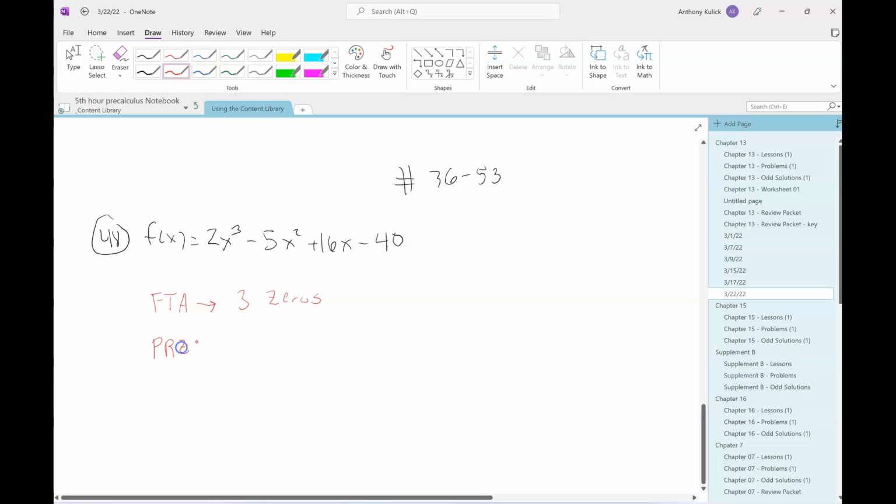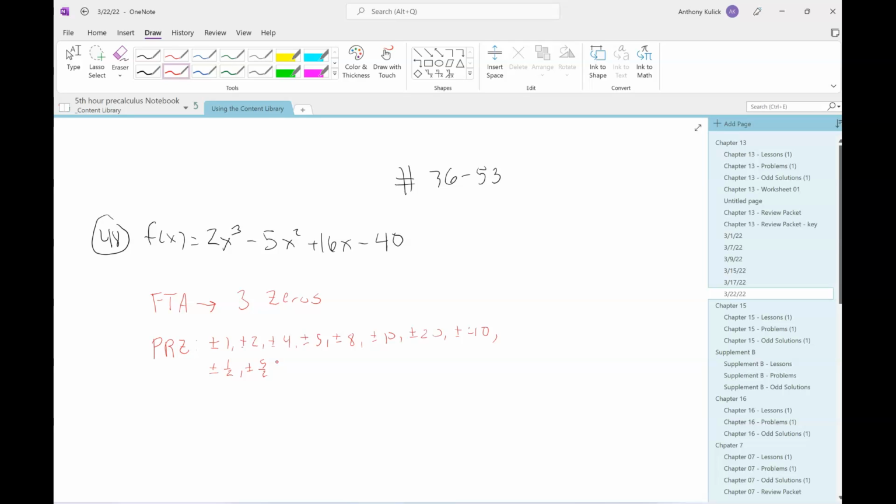My possible rational zeros are going to be the factors of 40, and then the factors of 40 divided by 2, but I only have to worry about the odd ones, because if I do 2 divided by 2, that's just 1, already on the list. 4 divided by 2 is 2, already on my list.